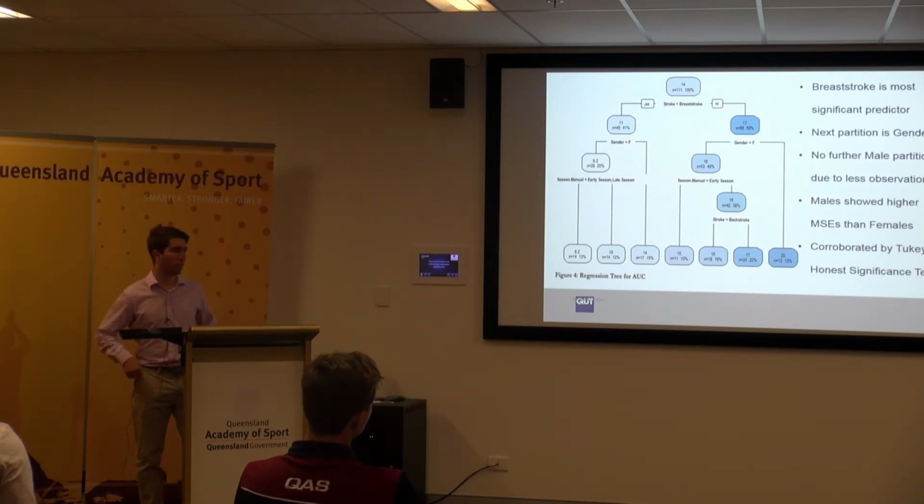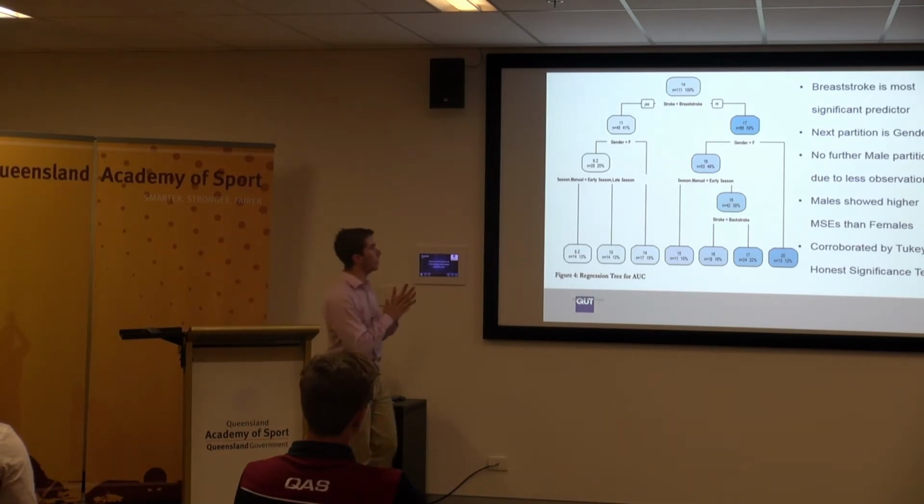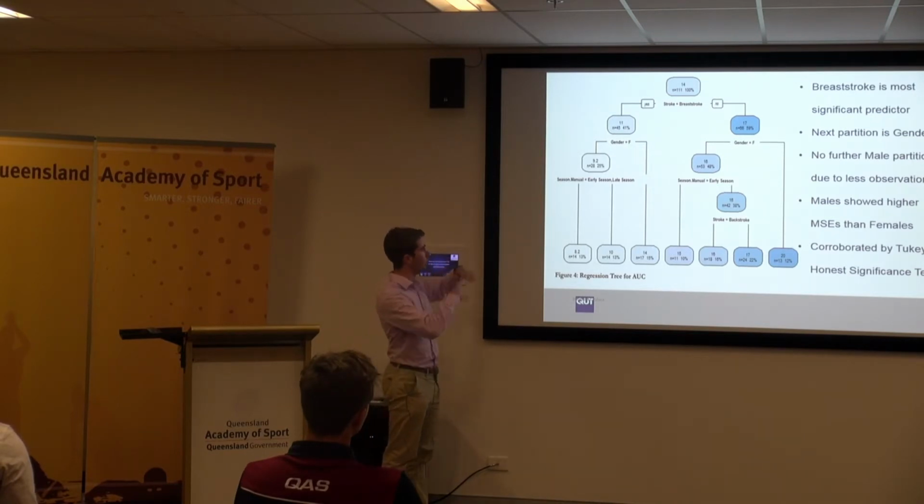Sure. With the regression tree, as Kerry mentioned, it goes in order of partitioning in terms of which is the most explanatory predictor. It was found that breaststroke, in terms of area under the curve, made the biggest difference among those groups.